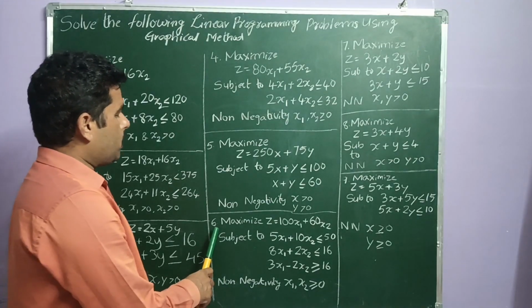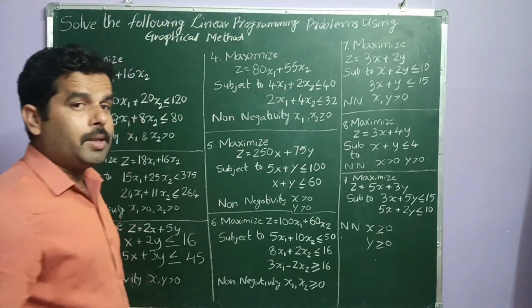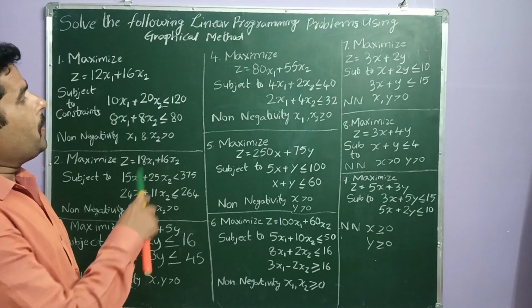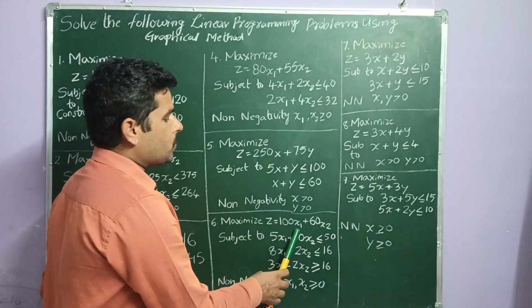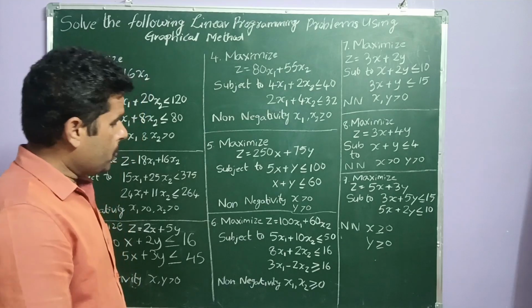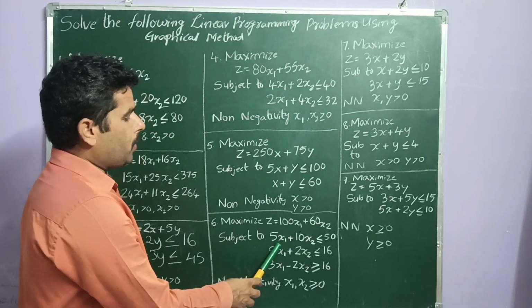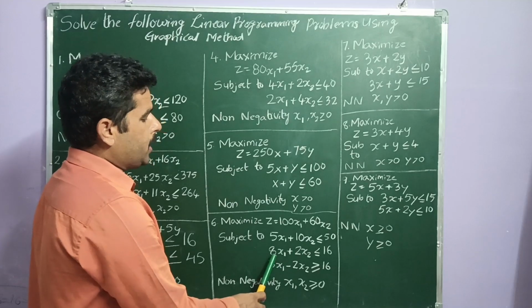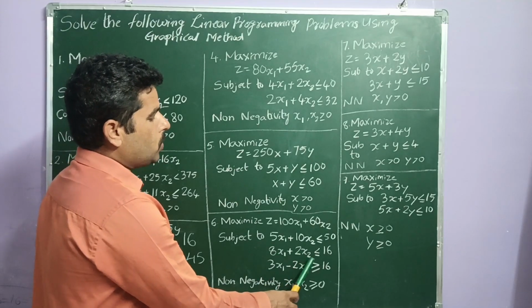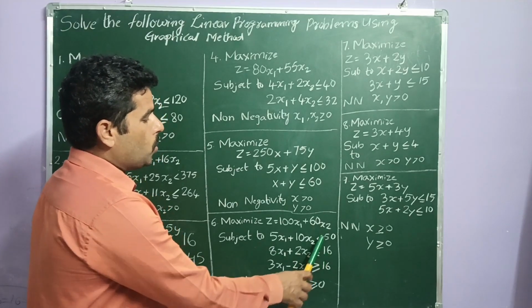The next one, problem number 6, you observe carefully. This is a little bit different when compared with the previous problems. Maximize z = 100x1 + 60x2 subject to constraints 5x1 + 10x2 ≤ 50 and 8x1 + 2x2 ≤ 16. Two constraints are there.